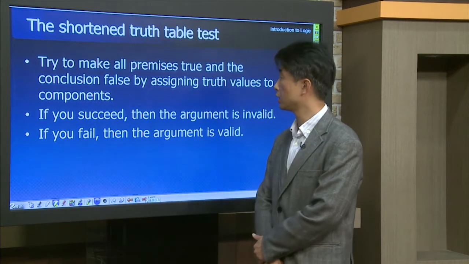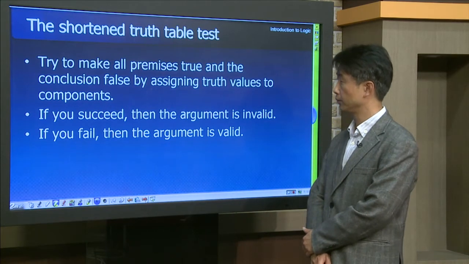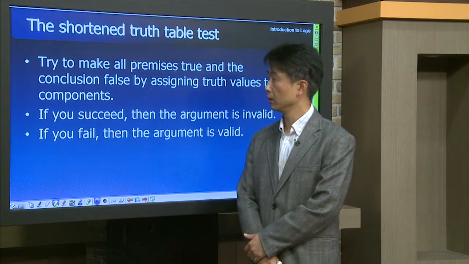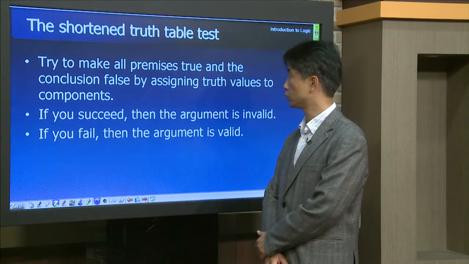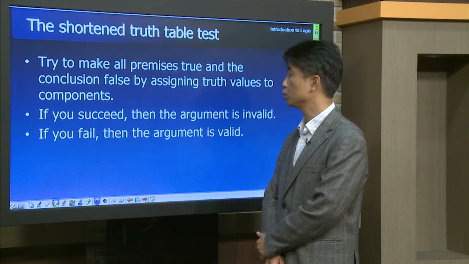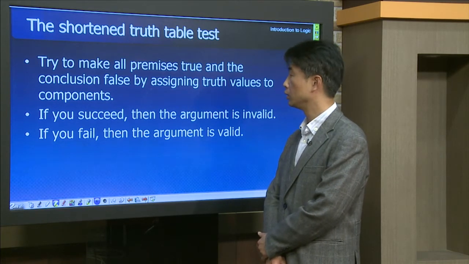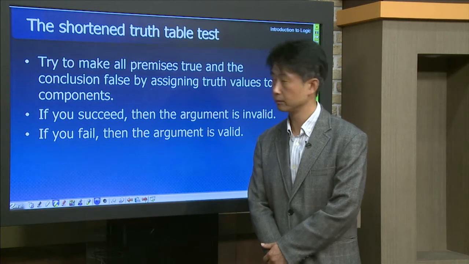The shortened truth table test proceeds in the following way. You try to make all premises true and the conclusion false by assigning truth values to component sentences.